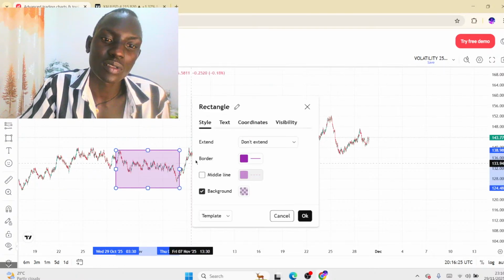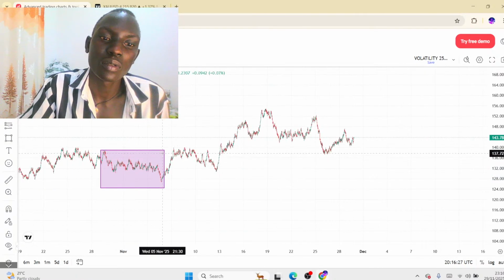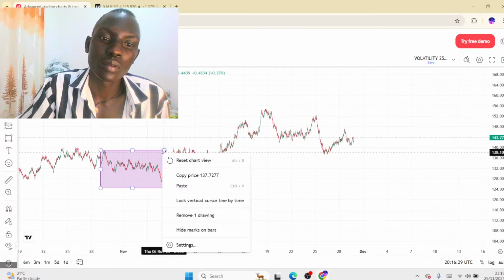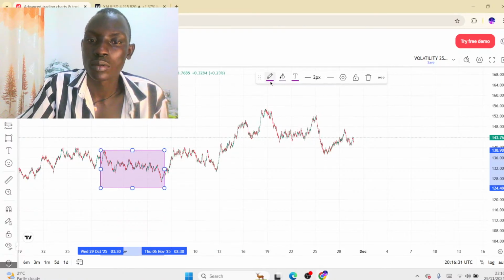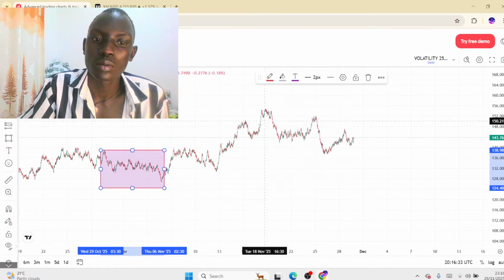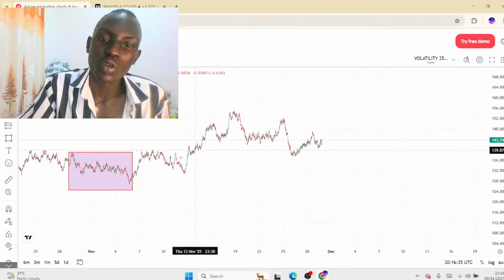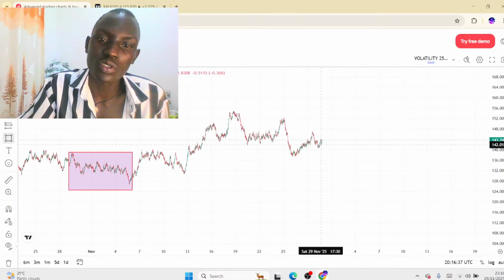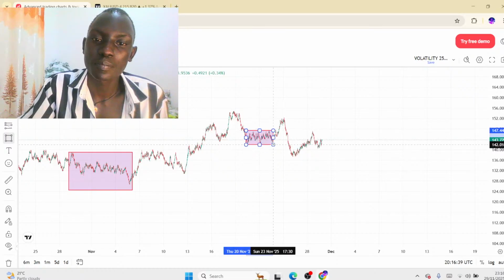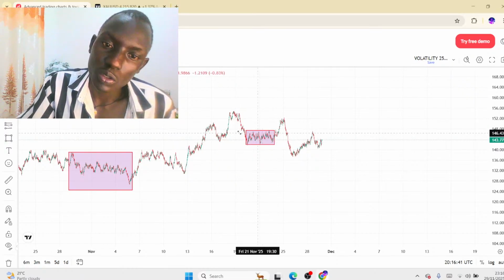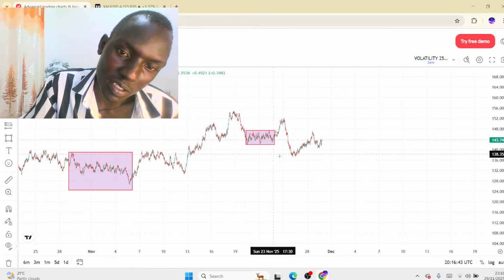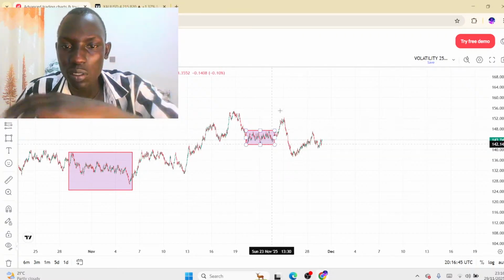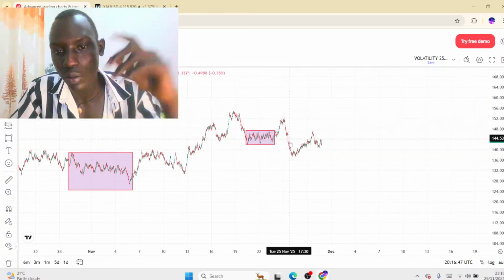All this. You see what is happening here? Consolidation even here. So let's say you had entered here for sales. You could have been taken out and then it goes back up, pumps and then it drops.